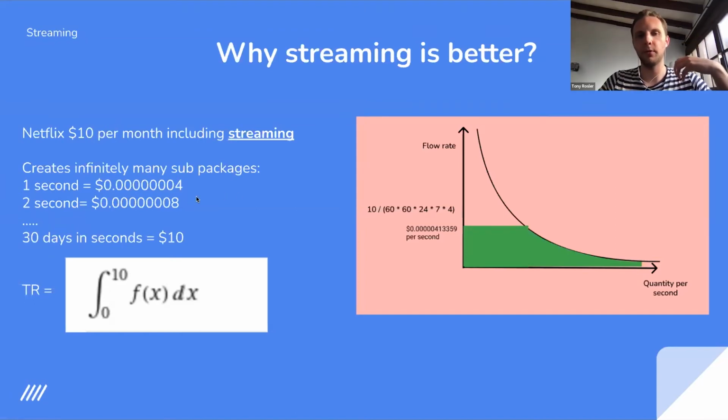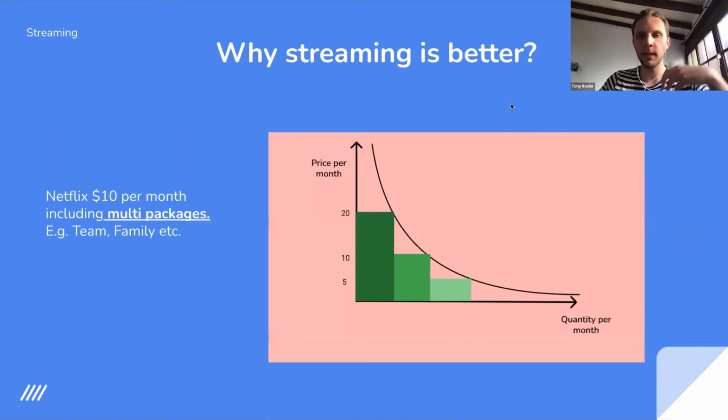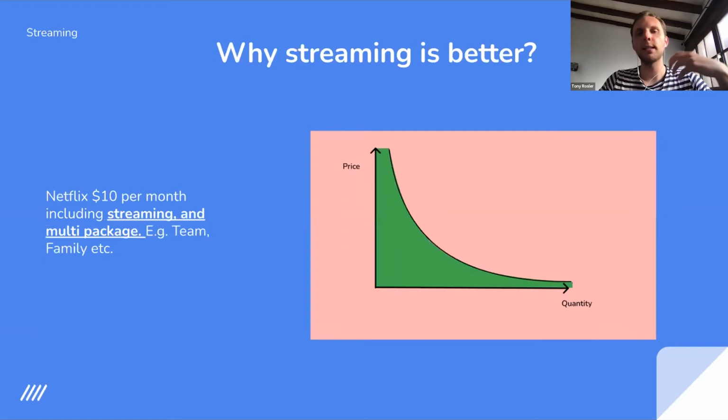There is now a price point for a user who wants to subscribe for 2 seconds a month, or maybe you just watch 10 minutes of Netflix a month. And now the total revenue is just the integral over this area. As you can see, the total revenue captured by Netflix is much, much larger. Now that's just with one package. We can consider a multi-package setup where you have a team, family, whatever. And what you see is that you can now capture all the area under the demand curve.